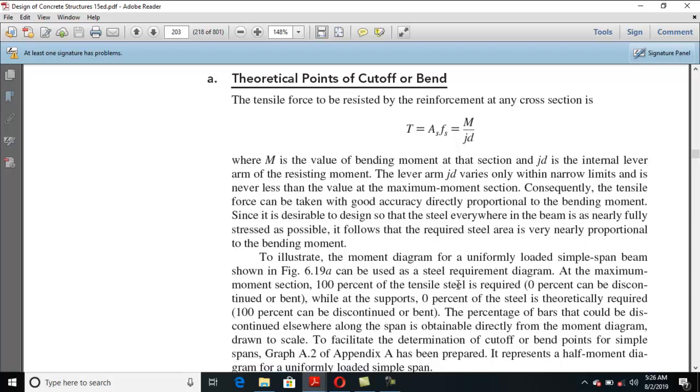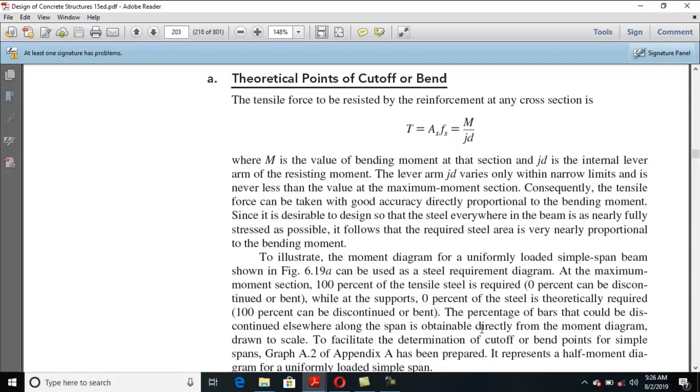In lecture 9, if I want to recap some part of that lecture, we did the calculation relating to how we can calculate theoretical cutoff points. Here we are trying to explain that understanding a little bit further.